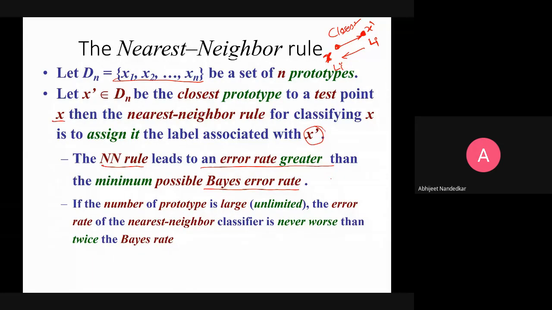So this error rate in nearest neighbor is more than Bayes. We can prove that for nearest neighbor, the error is in the range of the Bayes error and maybe twice the Bayes error. With this we can prove.